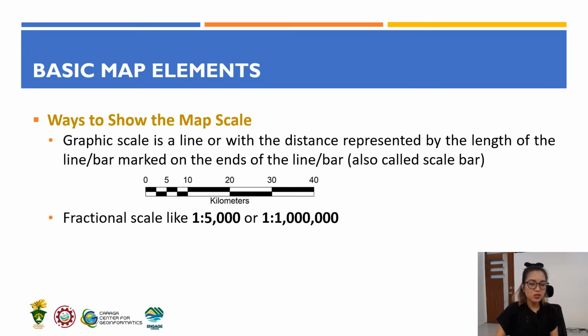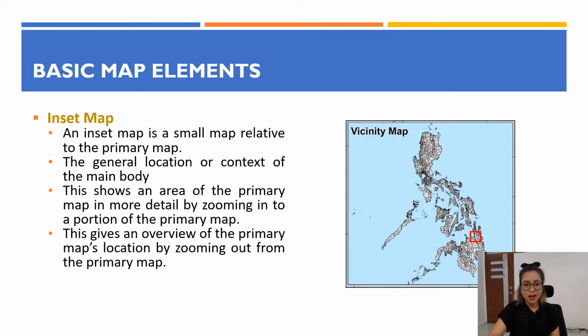So there are ways to show the map scale. It could be a graphic scale, which is composed of a line like you see here, na siya bar, no, na black and white marked on the ends of the line bar. So this is what we call the scale bar. Okay, tapos ay fractional scale. So natay this one could be written like this or like this. So pwede na siya. I have discussed the inset map a while ago.